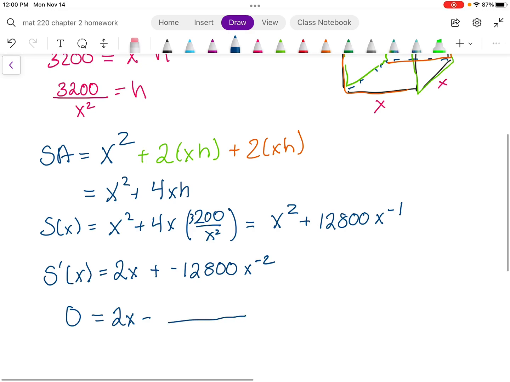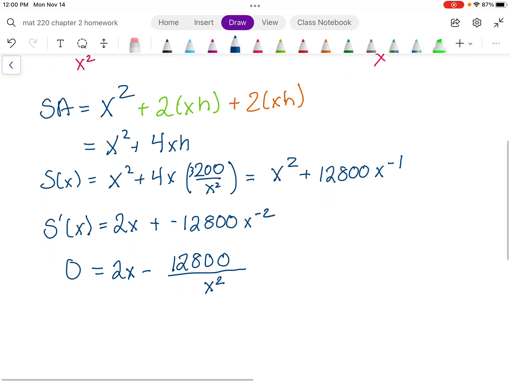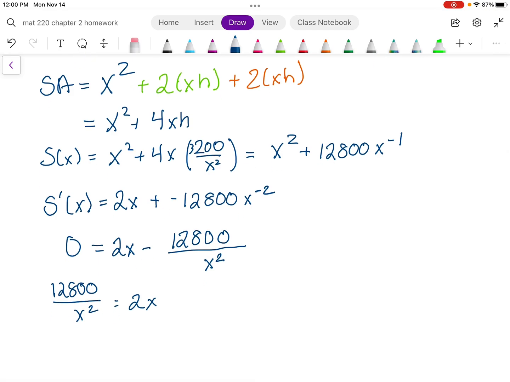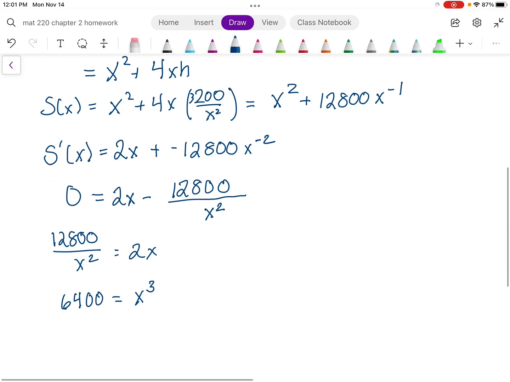And this equation by now should be somewhat comfortable. I'm going to add that fraction over to the left side. So I get 12,800 over x squared equals 2x. I'm going to multiply by x squared and divide by 2. So I would actually get 6,400 equals x cubed.